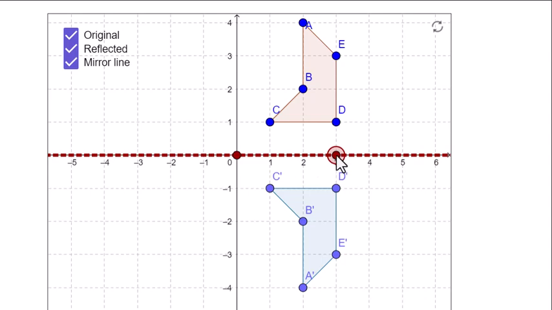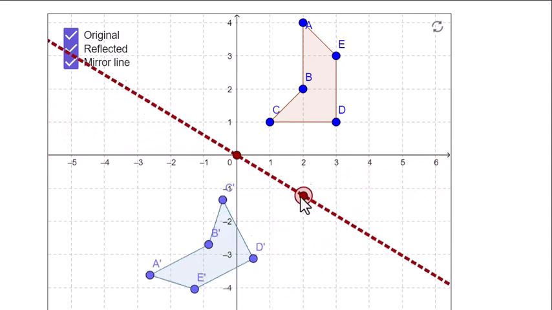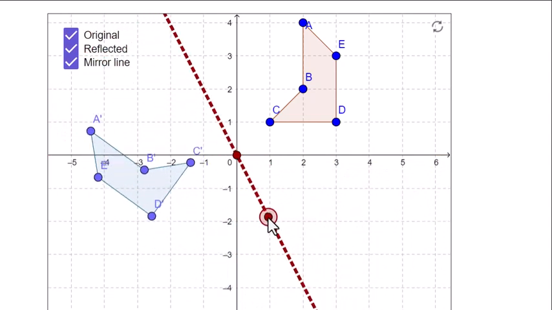And in middle school, well, I don't think this is actually a middle school thing, but in high school, they do some reflections across a diagonal line. And again, you're equally distant away from that line, but it's more of a diagonal distance because the way that you measure the distance to the line is perpendicular. So it's a little bit harder to observe the patterns in the coordinates in those cases.